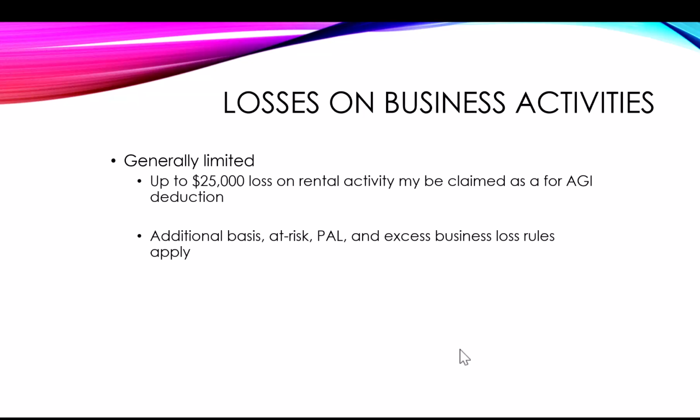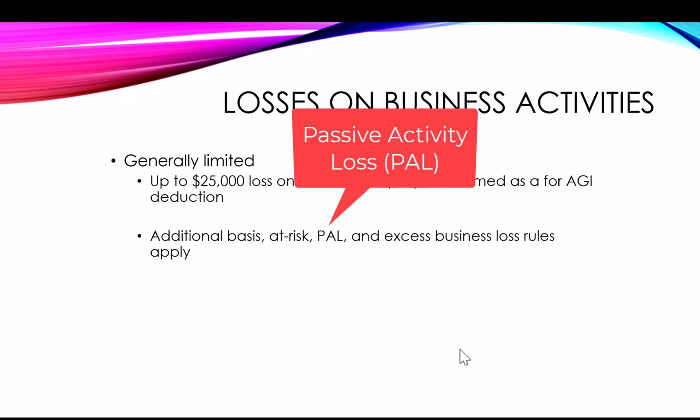This loss would be taken as a for AGI deduction and can be used to offset ordinary income from other activities. There are also additional basis, at-risk, passive activity loss, and excess business loss rules that can apply.